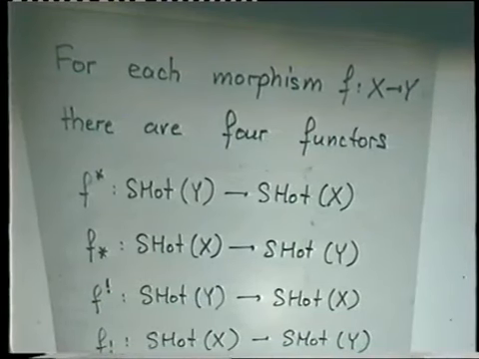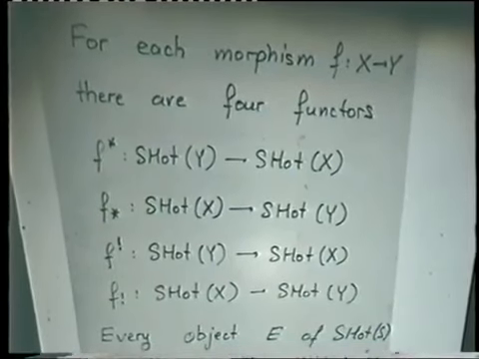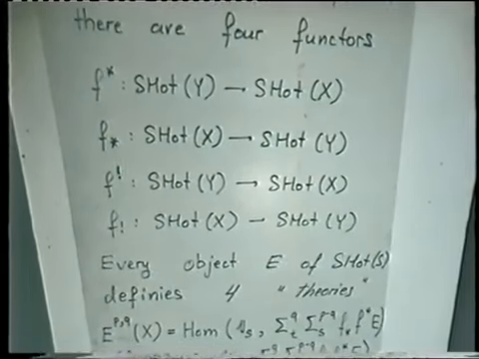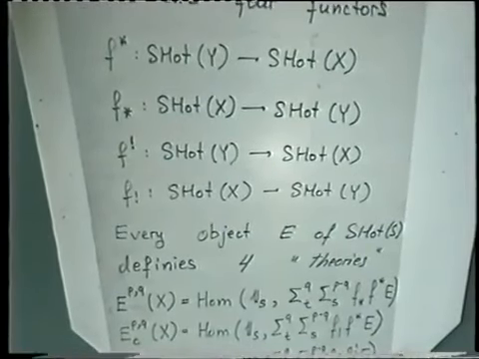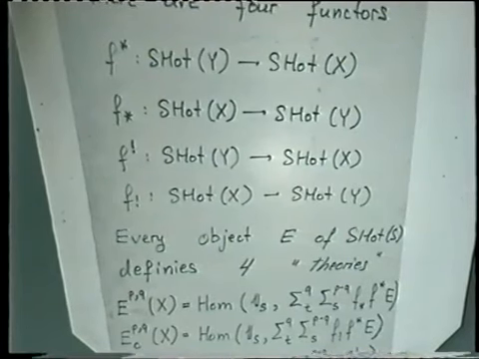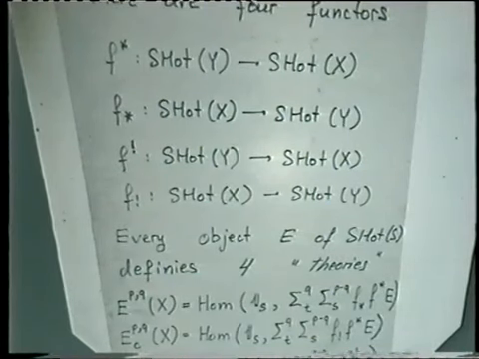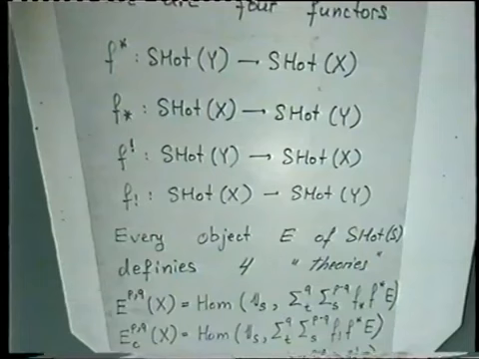Now, for every morphism between algebraic varieties, there are 4 functors, as one would expect in the category of sheaves. Every morphism meaning morphism of finite type, and the schemes were of finite type. And all these functors satisfy the usual properties of the 4 functors in the theory of sheaves. For example, the lower star and lower shriek are the same for proper morphisms, and upper star and upper shriek are closely related for smooth morphisms.